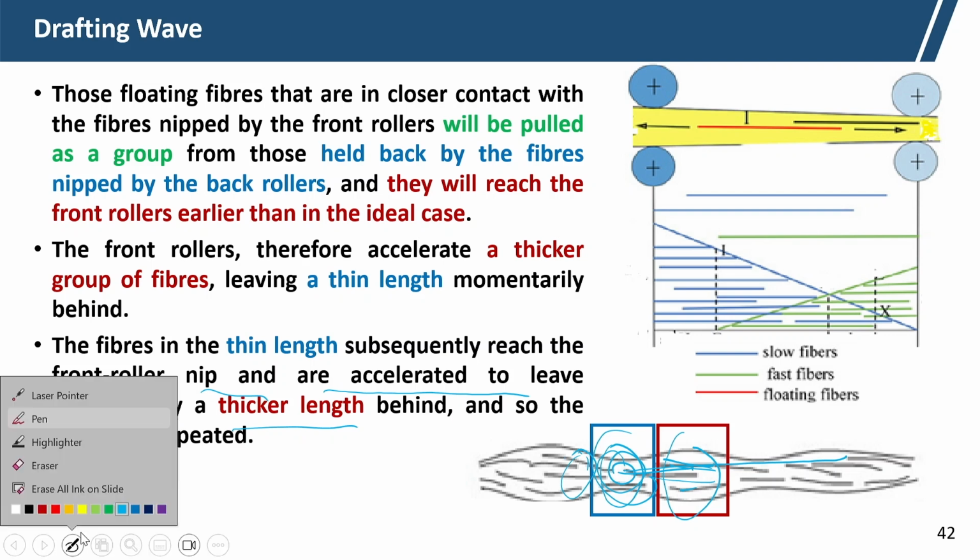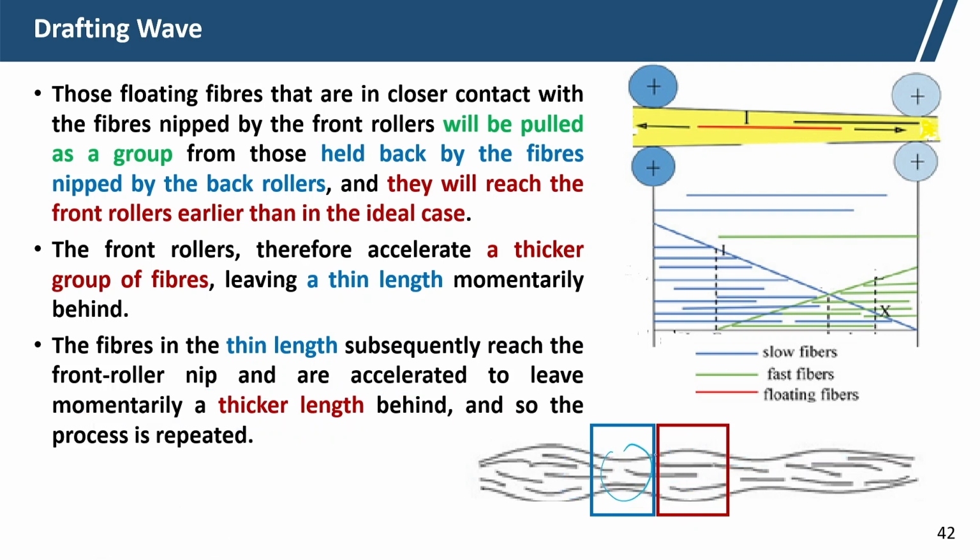Now, the interesting thing is that these thin places are now under control of the front roller nip. At this front roller nip, these thin places are not able to pull the fibers which are under control of the back roller nip because of the lesser number of fibers. The fibers which were supposed to move at the front roller speed are effectively moving at a slower speed, and that is why fiber is accumulating there and it becomes a thicker length.